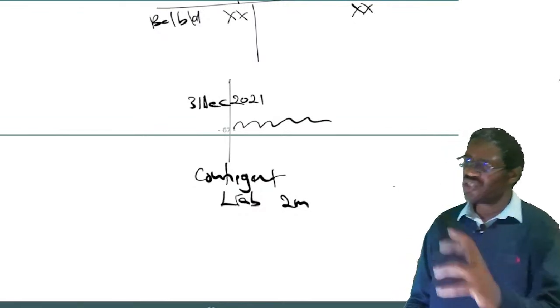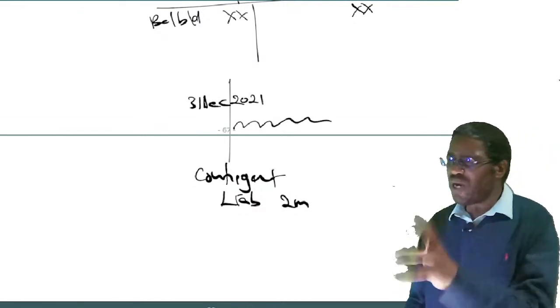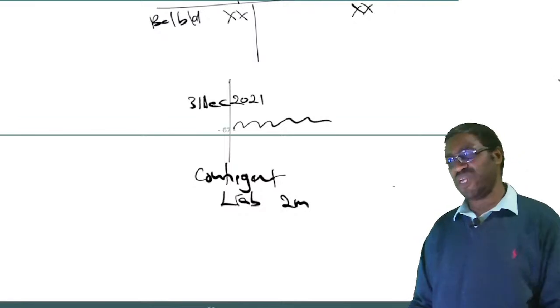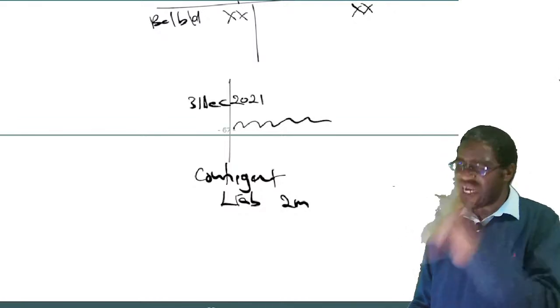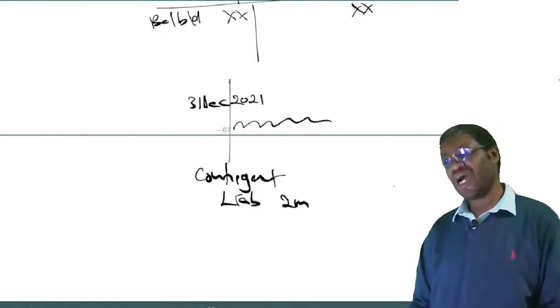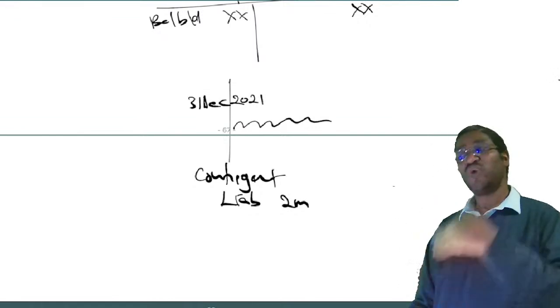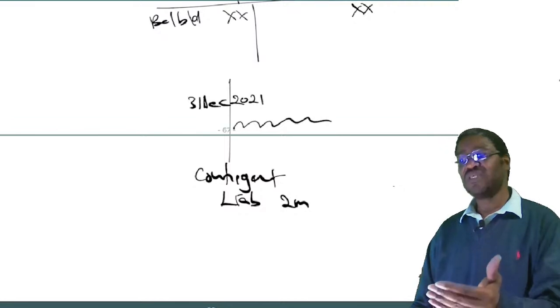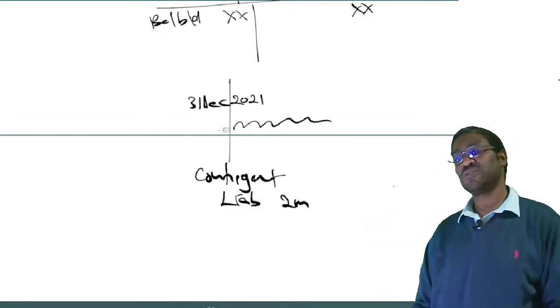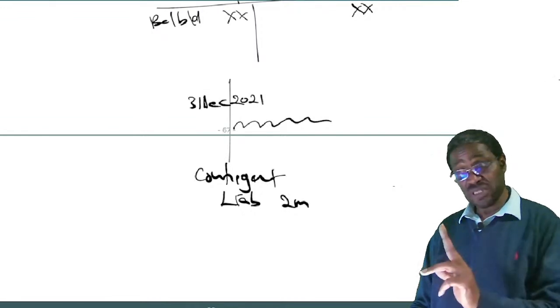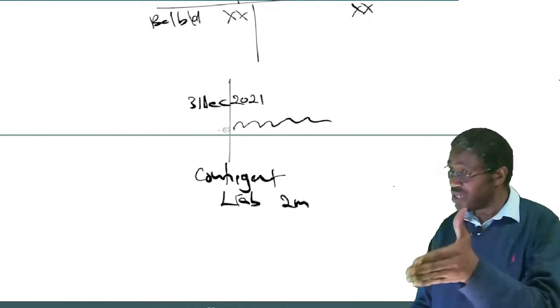So in other words, a contingent liability normally doesn't appear in the books as a liability. We just know as a company that we are likely to pay 2 million. But if you go to the balance sheet, is it in the books? No.